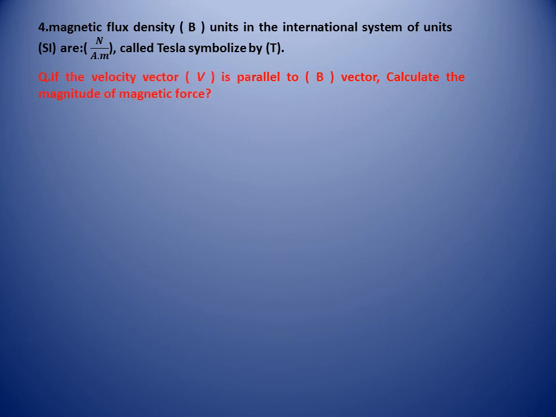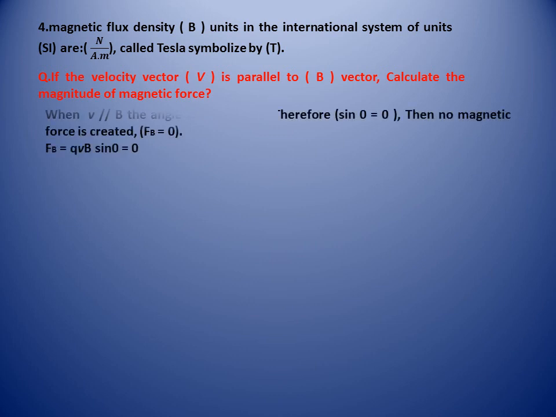If the velocity vector is parallel to the magnetic field or magnetic flux density vector, calculate the magnitude of the magnetic force. When the velocity vector is parallel to the magnetic flux density, the angle equals 0.